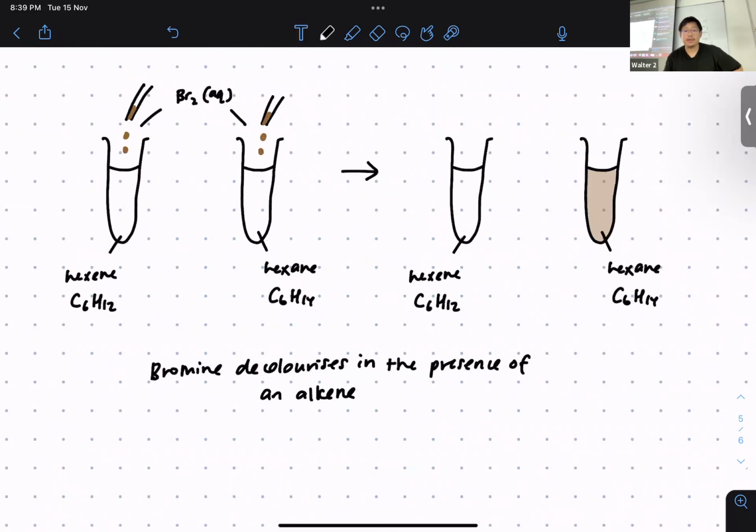It will dissolve inside because bromine itself is a halogen, right? Technically it is a covalent molecule. So it will be able to dissolve in organic solvents like hexane. But it will remain there. It'll be just brown in color.